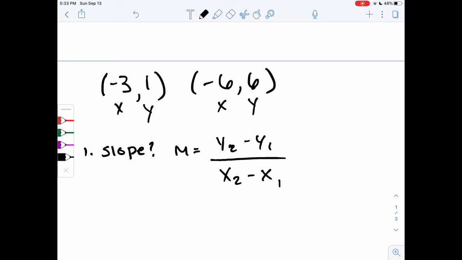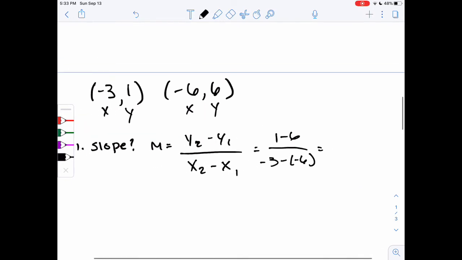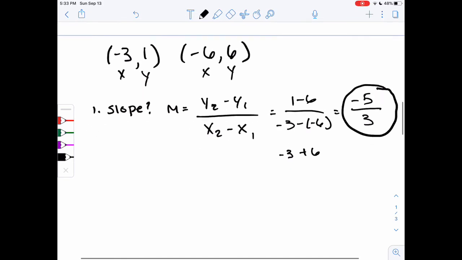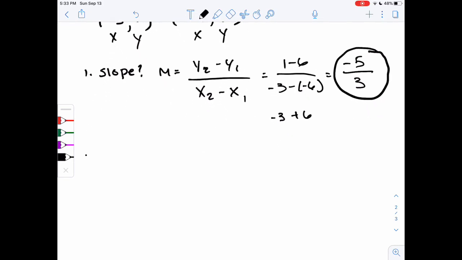So I'm going to go ahead and subtract my y's and subtract my x's. -3 minus -6 is the same thing as -3 plus 6. So I end up with a slope of -5/3. So I can plug that into my point-slope formula.